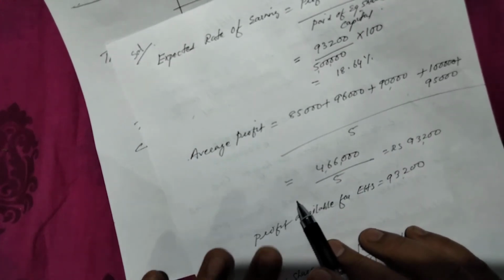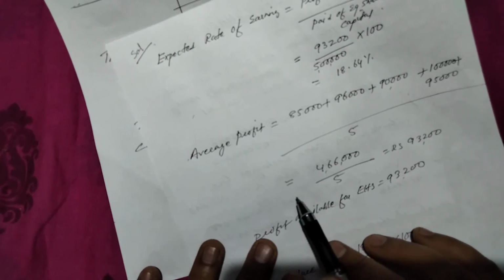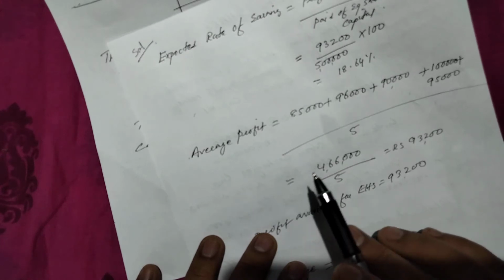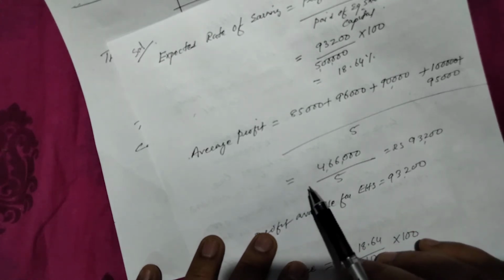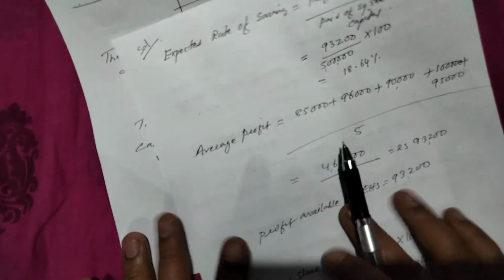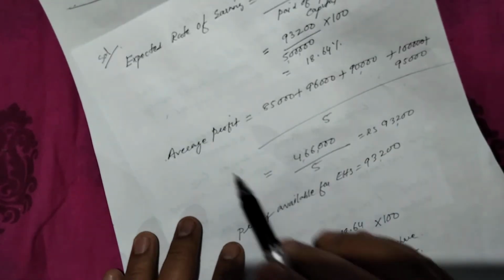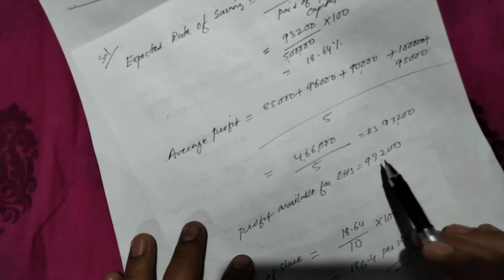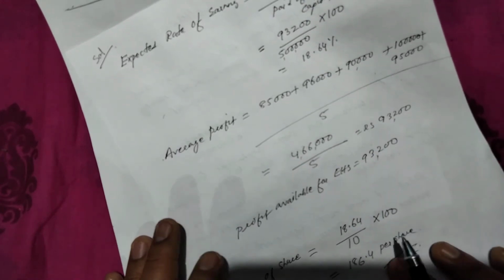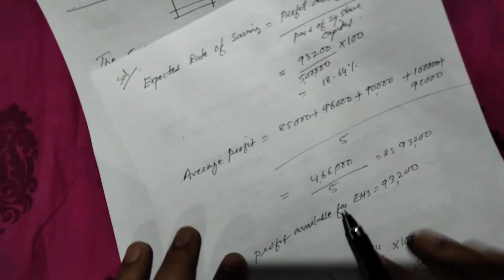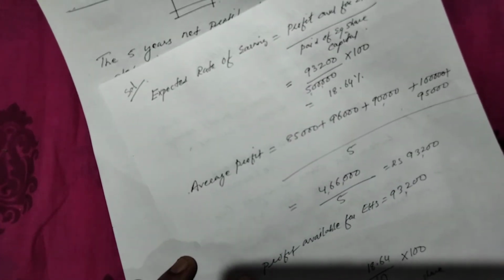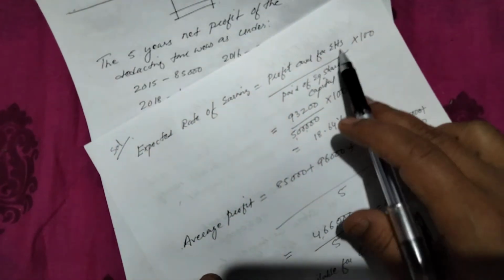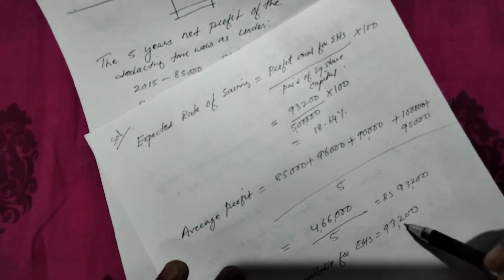And if they ask to deduct tax, like 50% or 20%, you have to deduct that also. But nothing is mentioned here, so this average profit itself is the profit available for equity shareholders, 93,200.